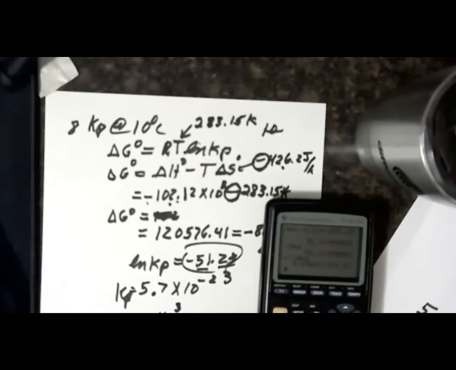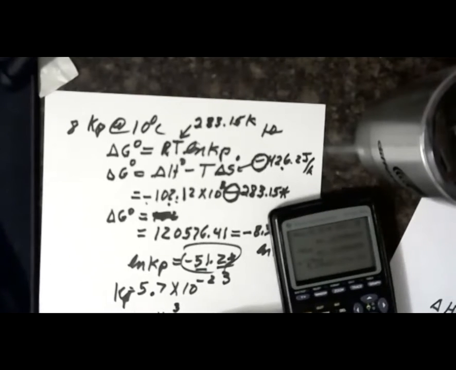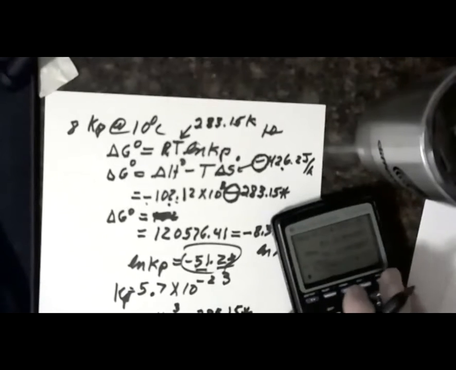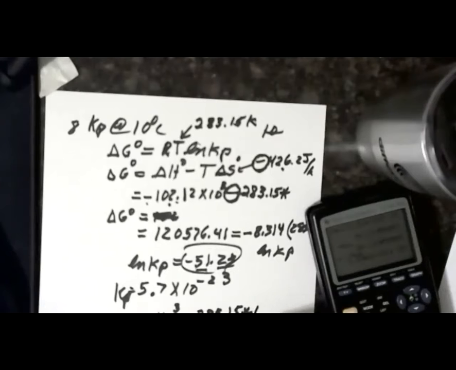That's delta G to delta H, minus T, which is 283.15, and delta S was minus 426.2.